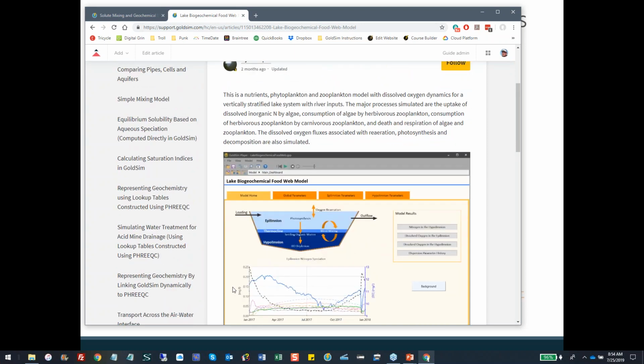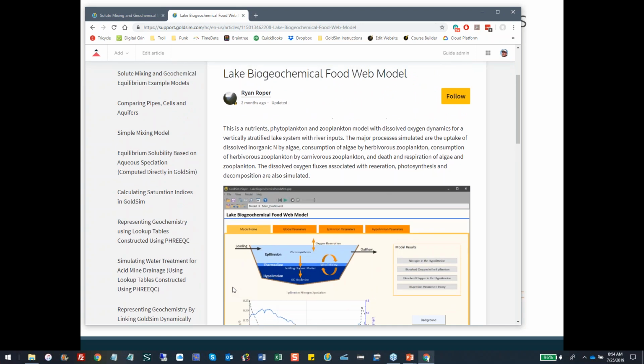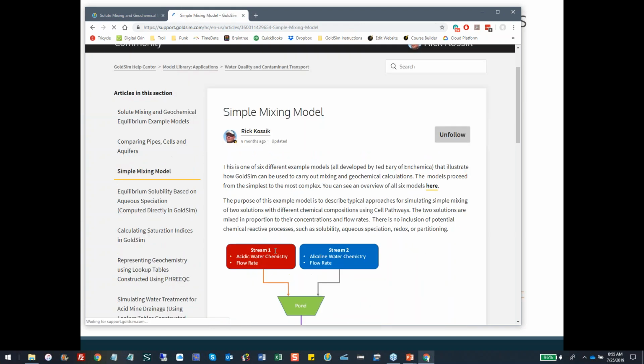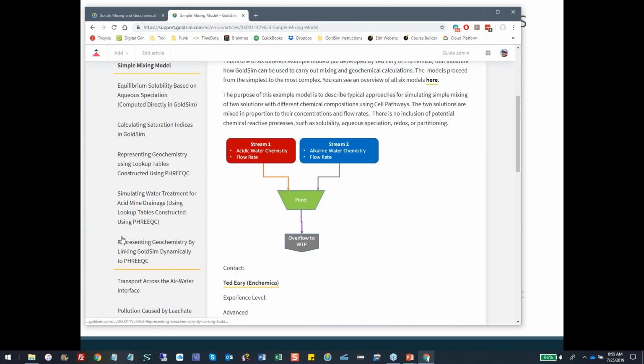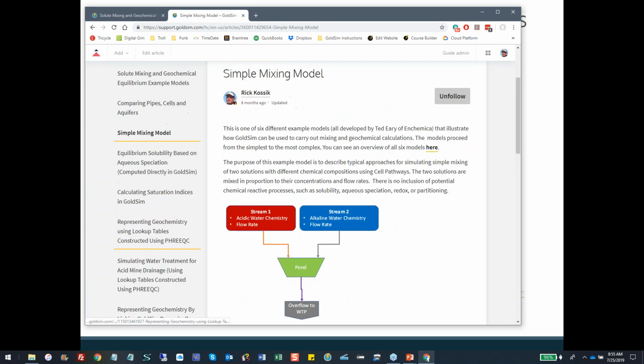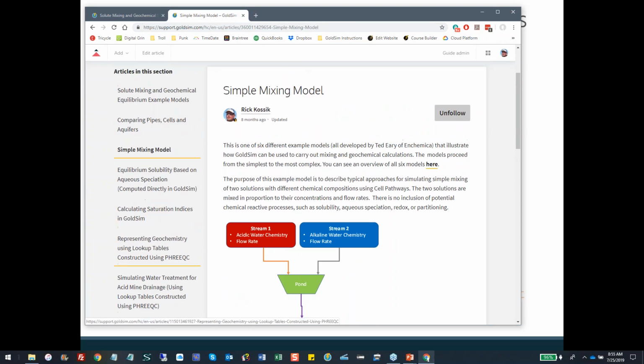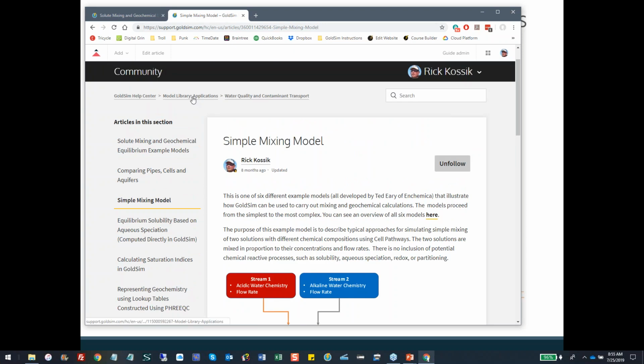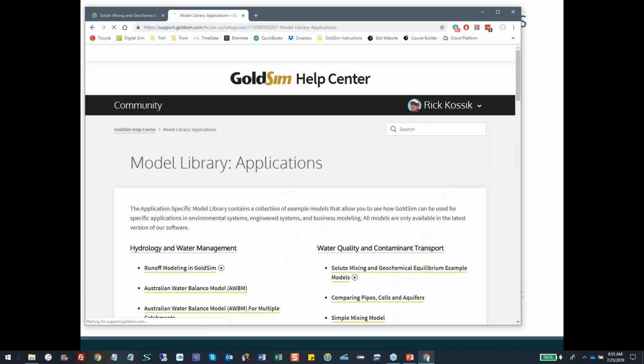You may not be able to use this model directly, but by just playing with the model a little bit, you'll be able to learn some of the more advanced features of GoldSim. Some of the other models are quite simple. Here's a simple mixing model that's similar to what I just showed you. So I encourage everybody to visit our model library and explore the examples we have there.